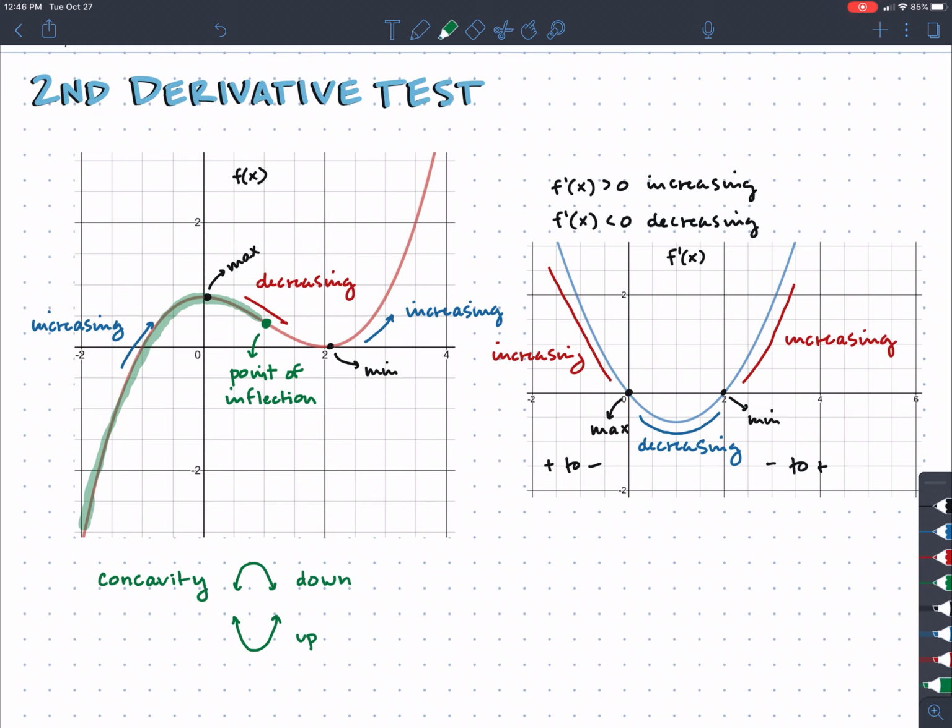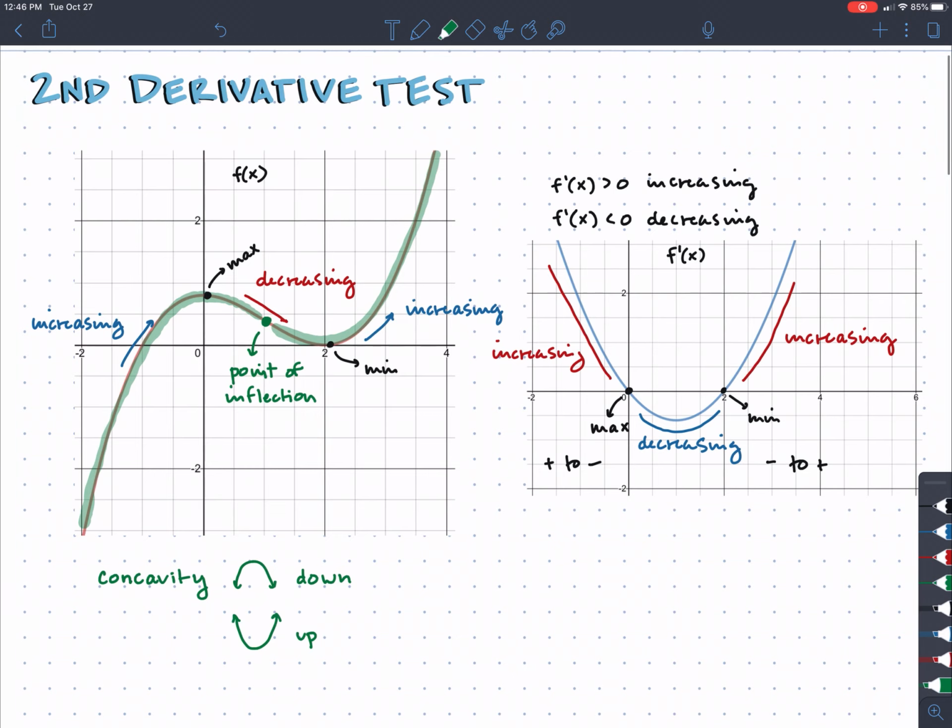And we see that on this piece of f of x, our function is concave up. The point of inflection is where that function changes concavity. And so to find that point of inflection, that's what we can actually use the second derivative for.